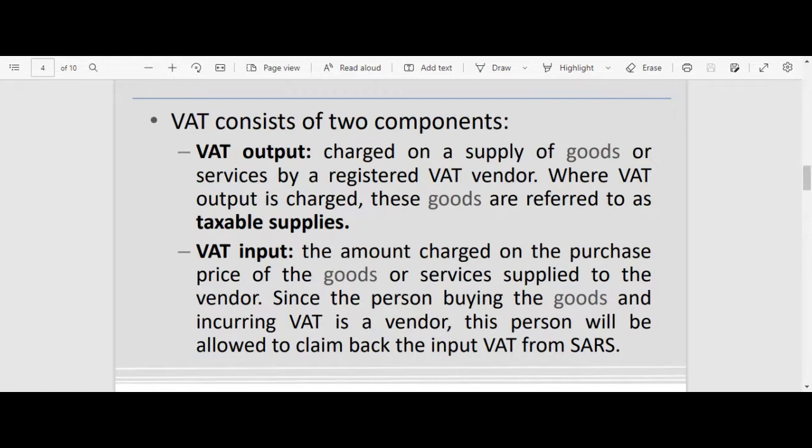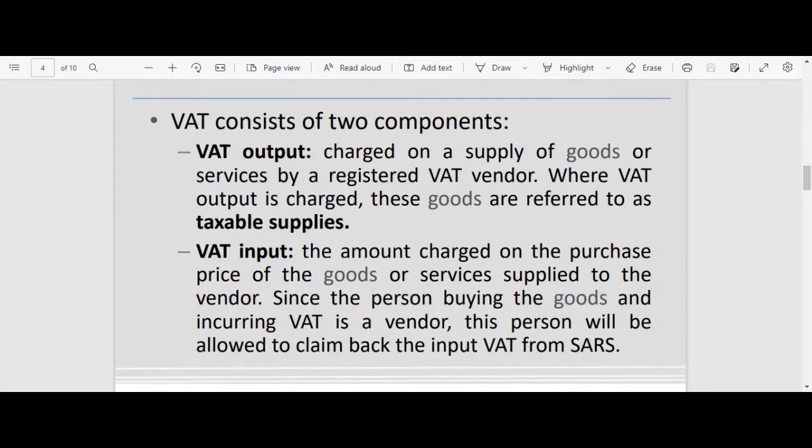So, for all practical purposes, each registered vendor is an agent of the Revenue Service. Please remind me, ladies and gentlemen, I think I've got it in one of the later slides, but if I haven't, please remind me to talk about compulsory and voluntary registration a little bit later. I might forget about that.